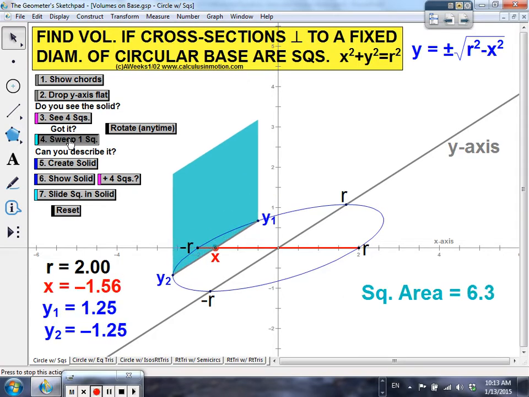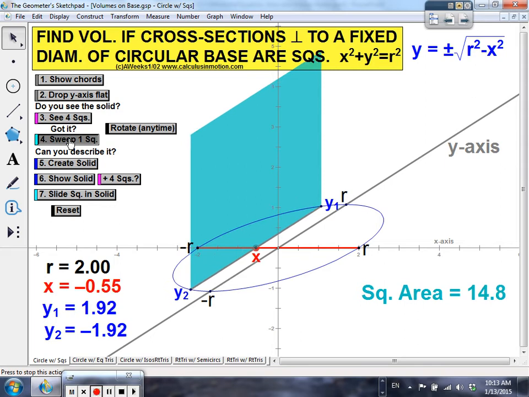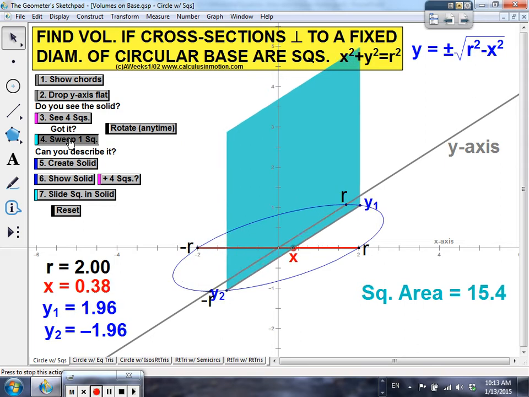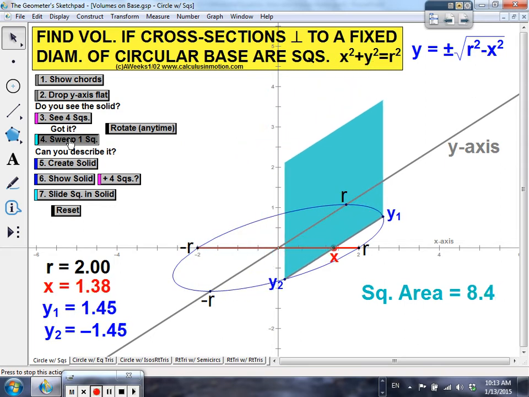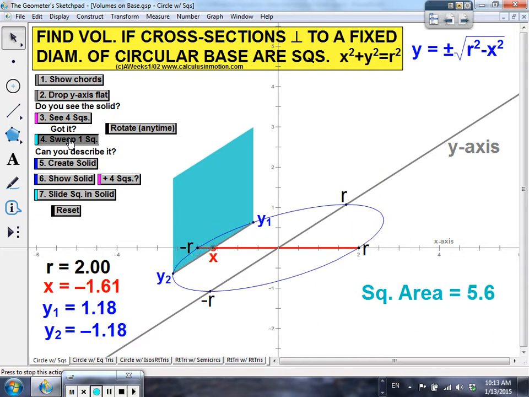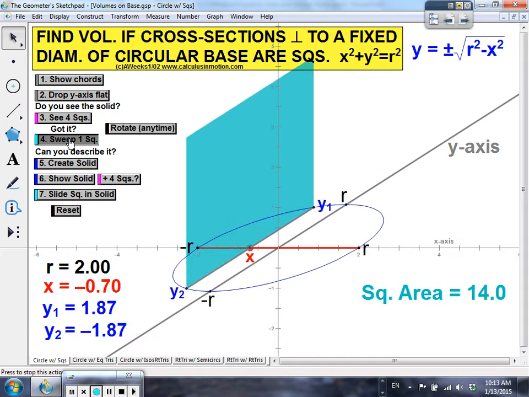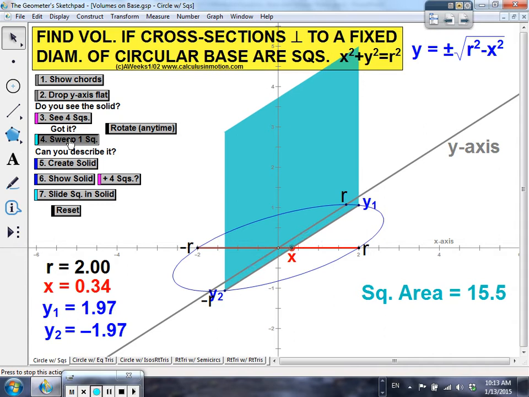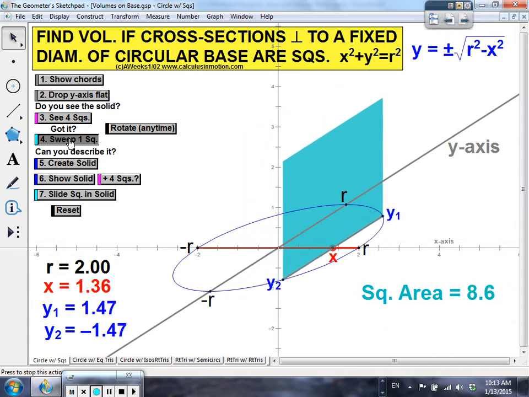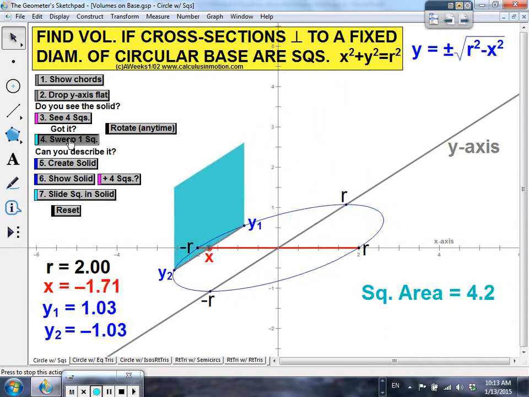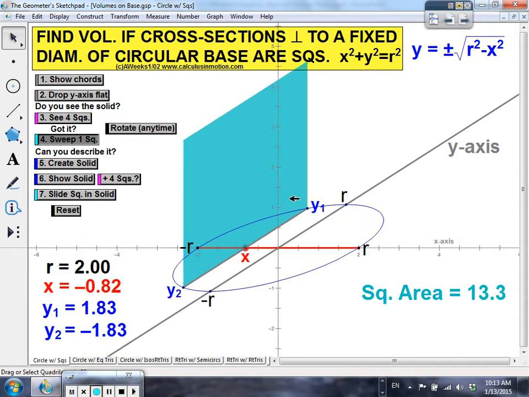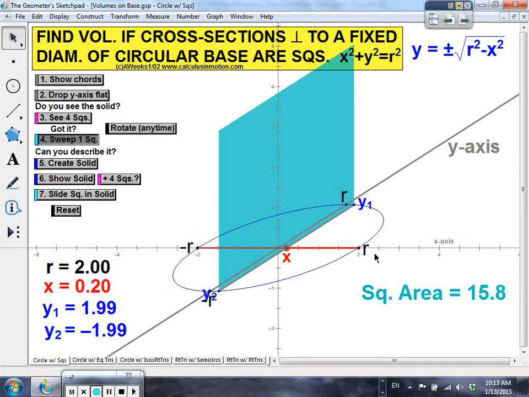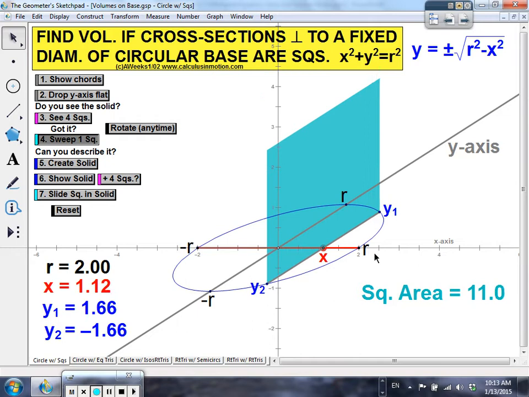As you look at the square, you can tell that it is perpendicular to the x-axis. That is very significant. When the cross-section is perpendicular to the x-axis, we have to have our equation in terms of x. So as you can see, this changes size as it moves across our base.